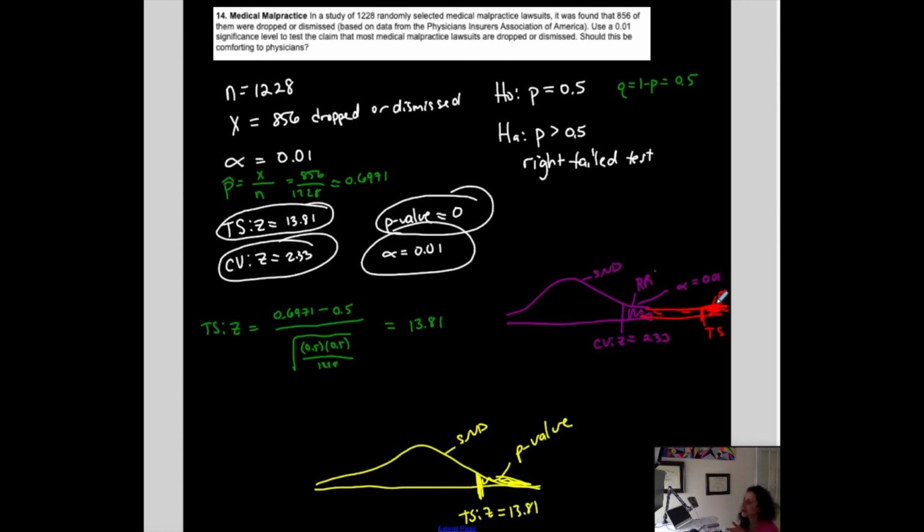Well, if the p-value is an area that is smaller than alpha, which is all of this, then wouldn't that imply the same thing as the test statistic being in the rejection region, being to the right? This test statistic is to the right of this critical value. So therefore, the area to the right of it would be less than this whole area here, which is alpha. So stating that the p-value is smaller than alpha is basically the same thing as saying that the test statistic is within the rejection region, or in this case, to the right of the critical value because of a right-tailed test.